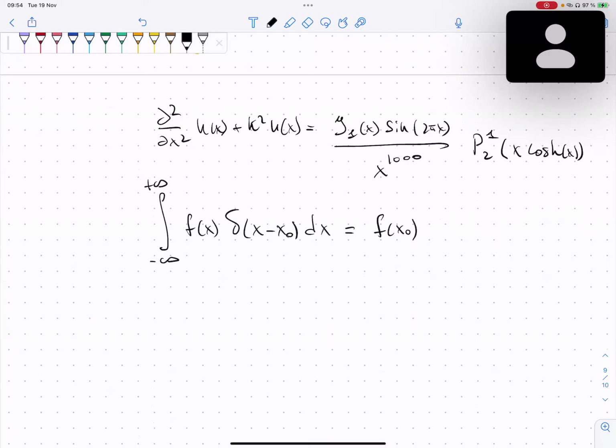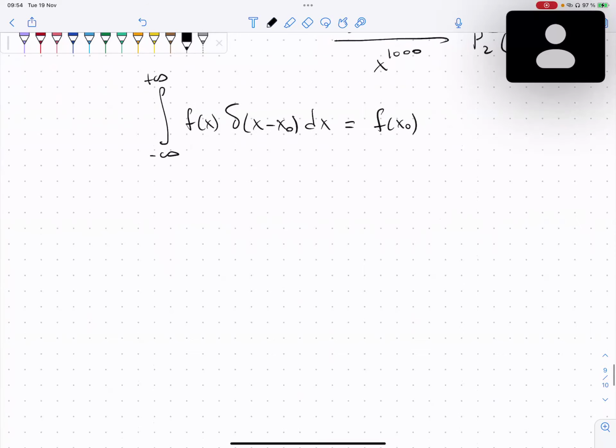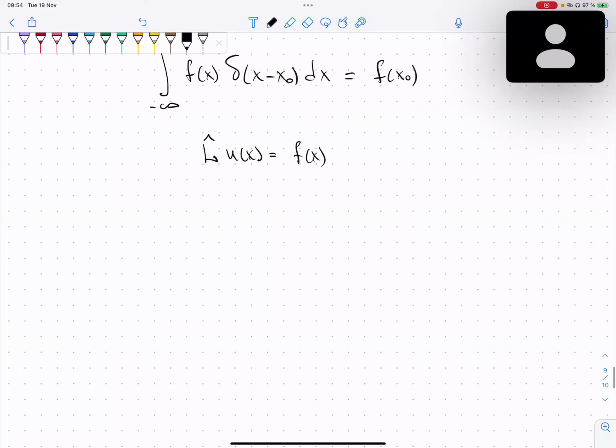So in our non-homogeneous equation, let me write f of x as this integral from minus infinity to plus infinity, f of x prime, delta function of x minus x prime over dx prime.